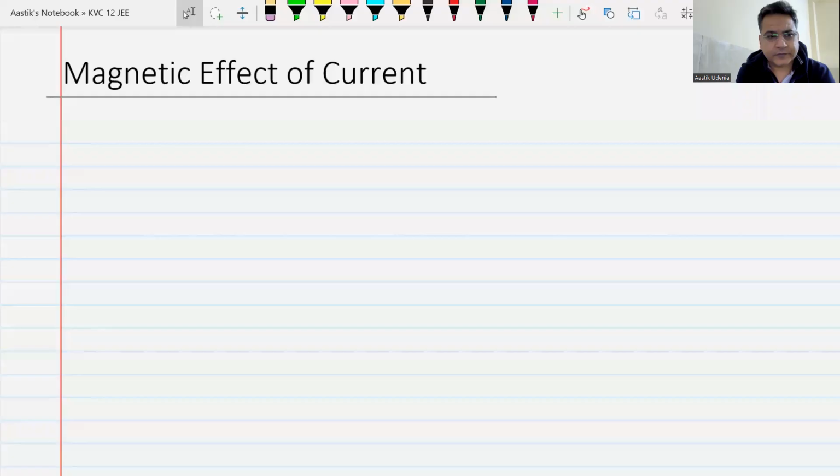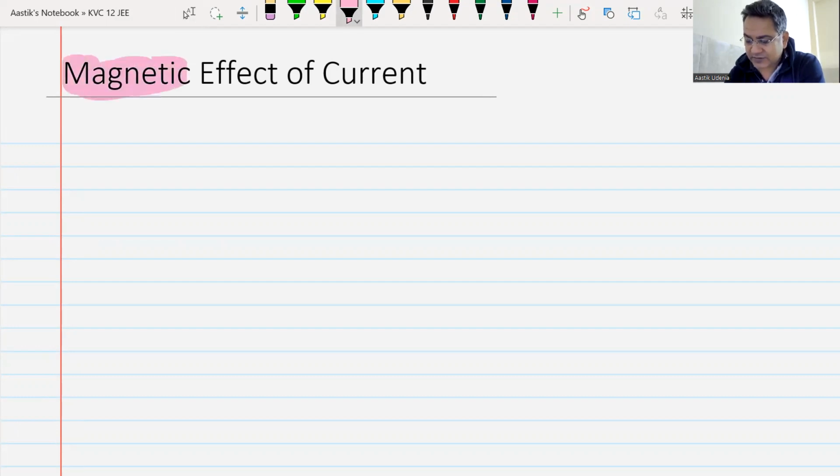Okay. So, in this class, we will start magnetic effects of current. Now, to understand magnetic effects of current, you must understand what is a magnet. What is a magnet?